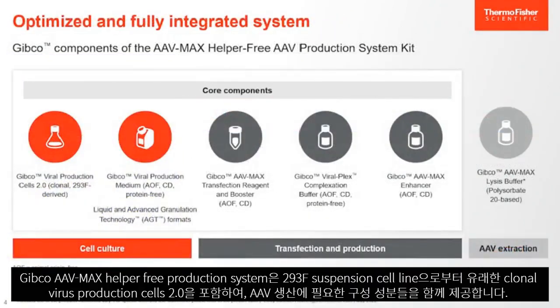There are a number of key components that comprise the GIBCO AAV-MAX helper-free production system, beginning with the GIBCO Viral Production Cells 2.0, which is a clonally derived 293F suspension cell line.